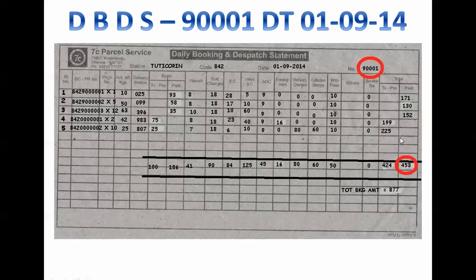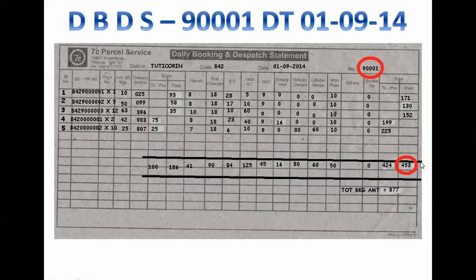What he has to take is the paid amounts what he has collected. To pay amounts he will not collect because the delivery station will collect. Since DBDS is a booking statement, whatever amounts he has booked by way of paid bookings only will be appearing in the DCR. So in this particular DBDS, the amount shown as paid booking is 453, which is marked and highlighted in red circle here.